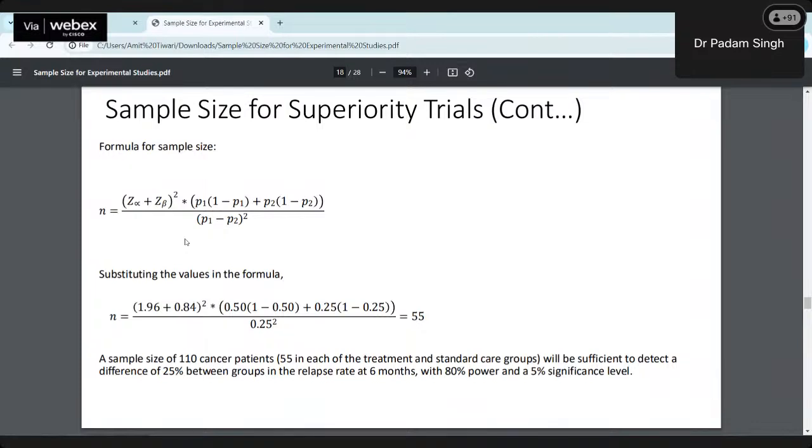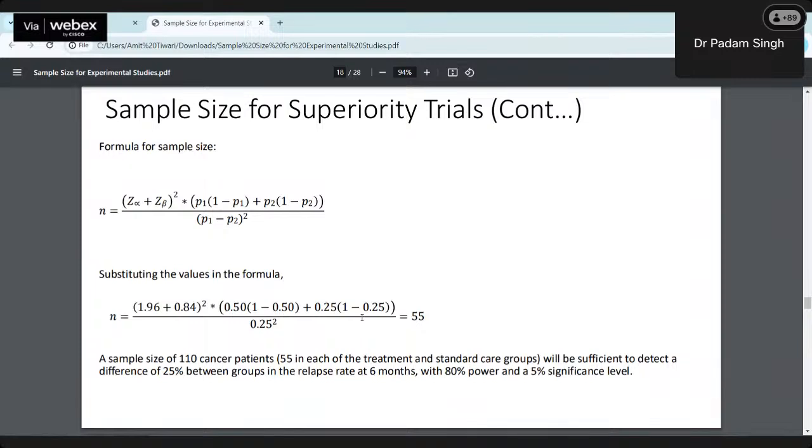Now the values were shown in the earlier slide. Substitute these values. Z alpha plus Z beta is (1.96 plus 0.84) whole square. P1 is 0.50, Q1 is again 0.50, plus 0.25 into 0.75.